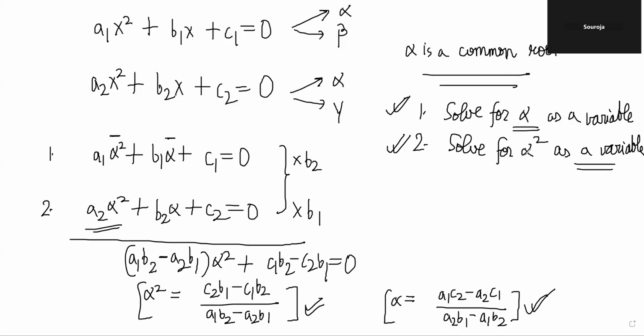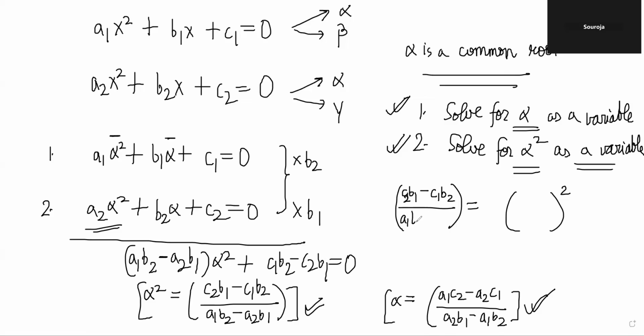First step we solved for alpha. Second step we solved for alpha square. But because alpha and alpha square are obviously related, can't we say that this thing is equal to this thing square? Do you understand what I'm doing? I'm saying that from here alpha is this and from here alpha square is this.